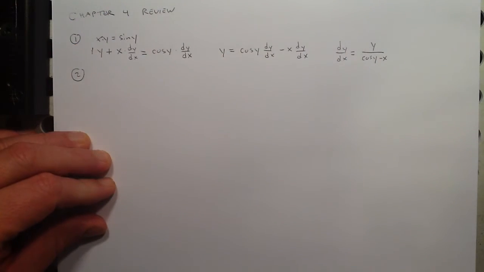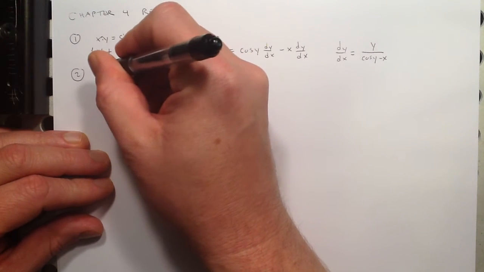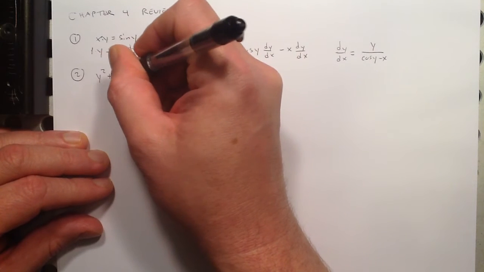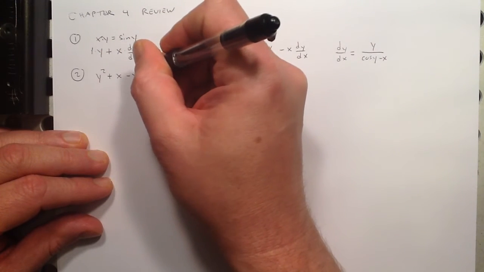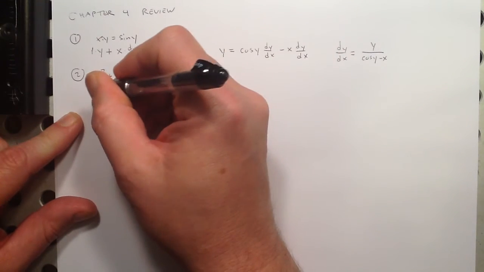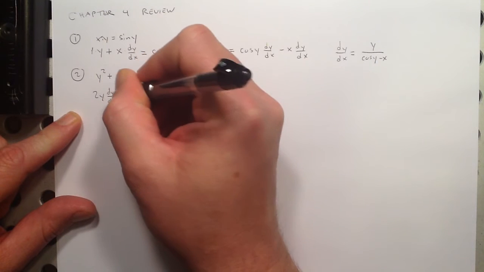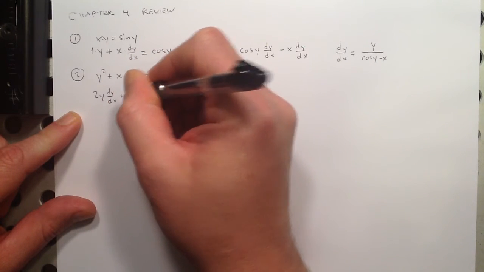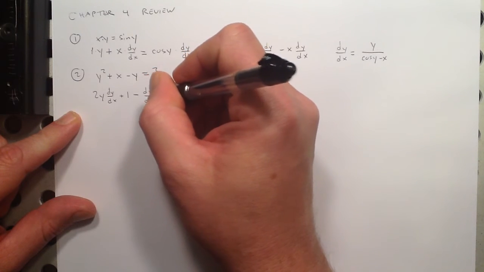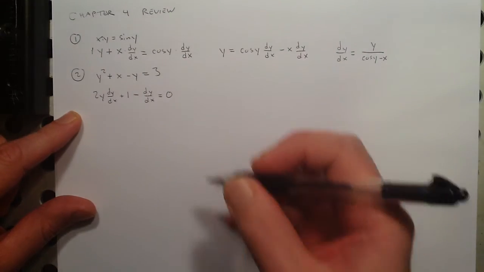Number 2. Now we're finding a second derivative, and starting with y squared plus x minus y equal to 3. So first derivative, 2y dy dx plus 1 minus dy dx equals, don't forget that that's going to go to 0, right?